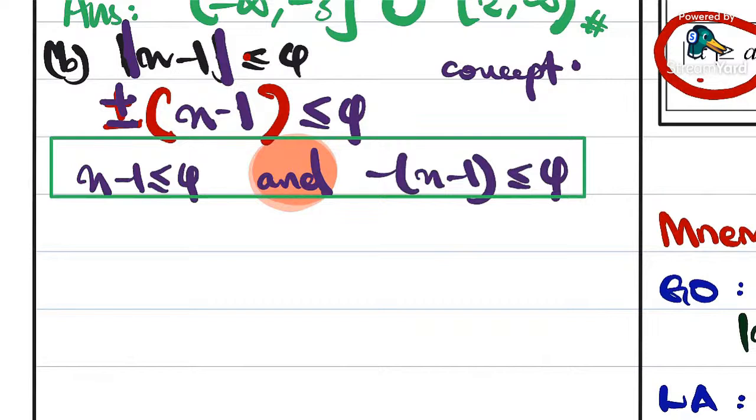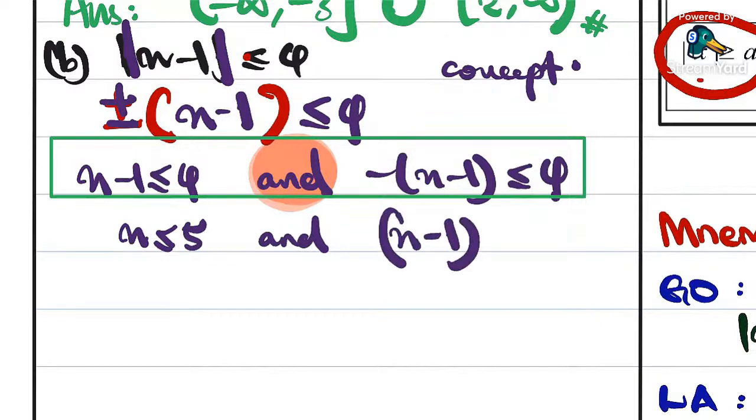I just now would like to continue with my solution here. So I will have here x minus 1 more than or equals to negative 4. Negative 4.